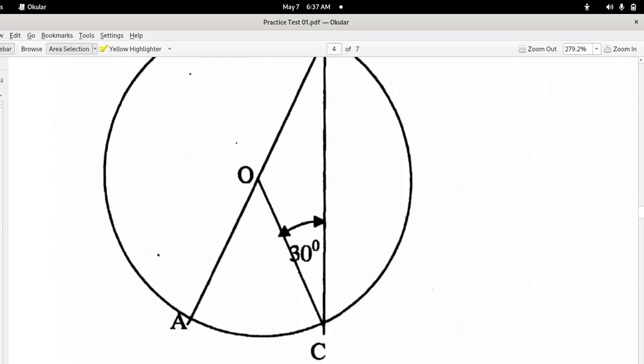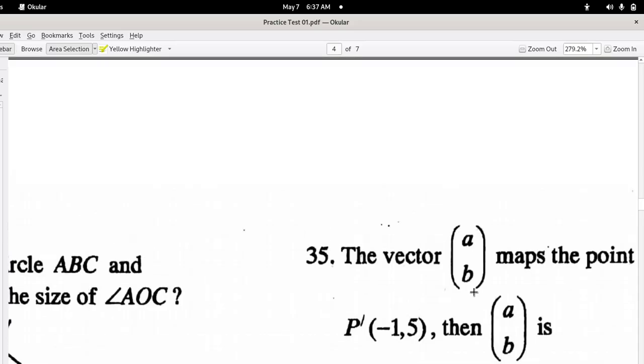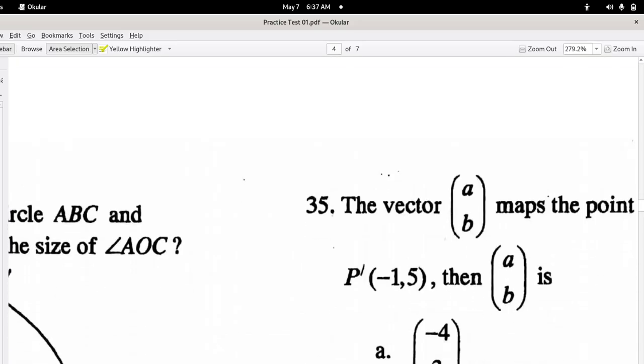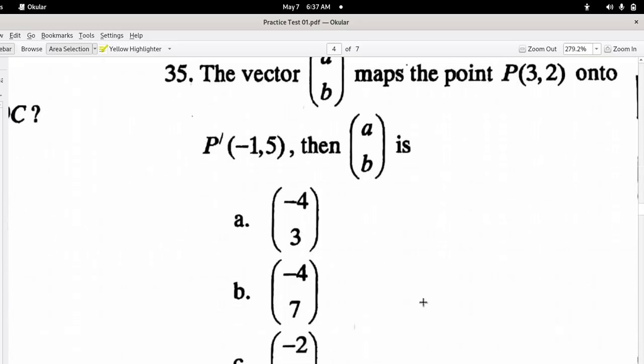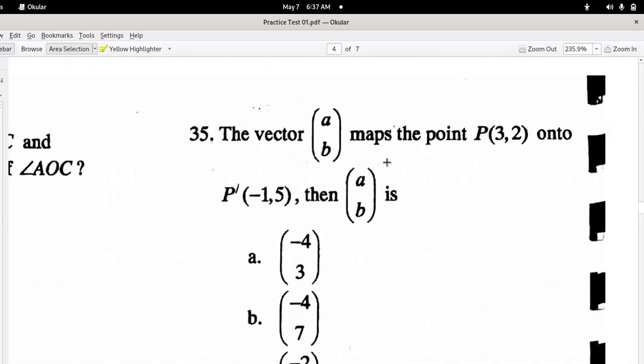Let's see question 35. That was 34. Question 35. AB maps the point 3, 2 onto negative 1, 5. Then what is AB?